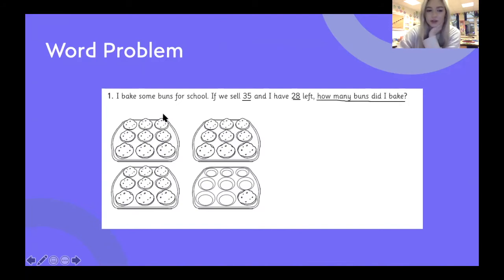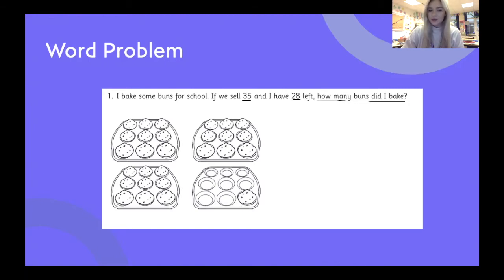Now, when we first read this, it might sound like it's a subtraction question. I bake some buns for school. If we sell 35, if we think about selling something, it normally means that we're taking away, doesn't it? If we're taking something away or selling it, we're giving part of our total away. But actually, the question at the end says, how many buns did I bake?